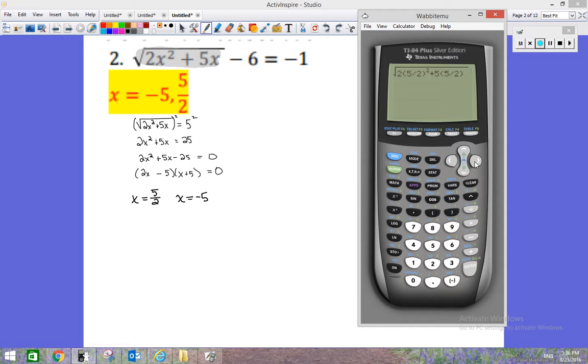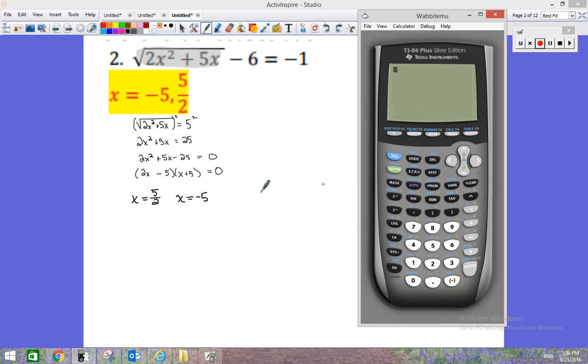That's all we're taking the square root of, so I have to move my cursor outside of the radical and then subtract 6. If this equals negative 1, then that guy's going to check. It equaled negative 1, so hey, it checked.